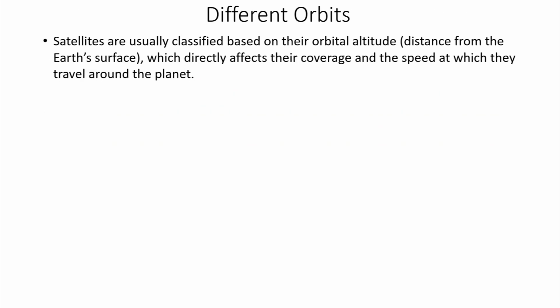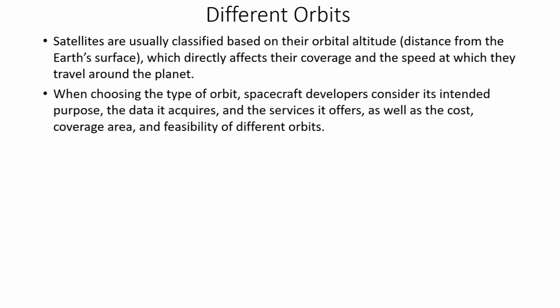Satellites are usually classified based on their orbital altitude, that is the distance from the earth's surface, which directly affects the coverage and the speed at which they travel around the planet. When we choose a particular type of orbit, the spacecraft developers have to consider the intended purpose, so based on the application, the satellite orbits are decided.